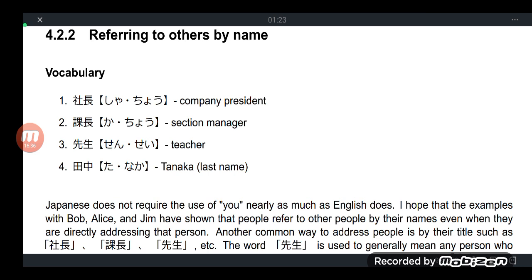Okay, so shacho is company president, kacho is section manager, sensei is teacher, Tanaka is a surname.